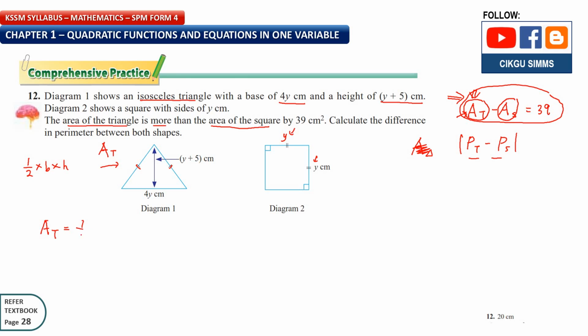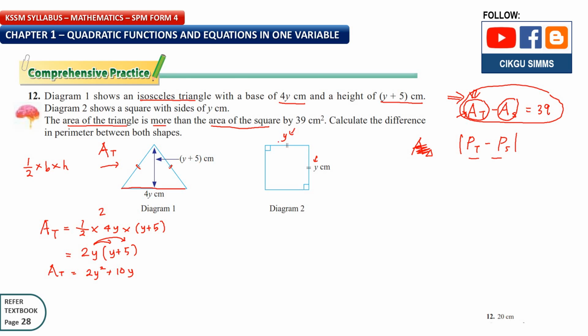So half times base, my base is 4y, the height is y plus 5. Half times 4, you get 2. So 2y times (y plus 5). You can expand it: 2y squared plus 10y. This is your first equation, AT.